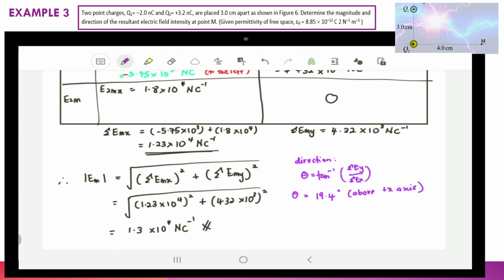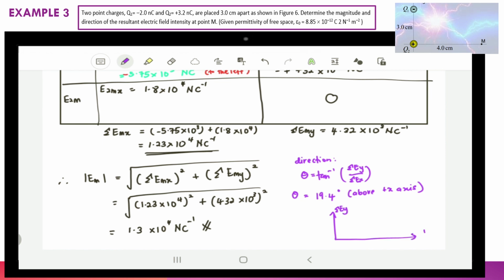Above positive x-axis means that you can see here total EMY is positive, so the direction is upward, and total EX is also positive.